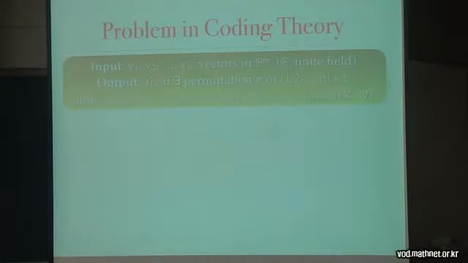So you want to find a linear ordering of your vectors so that wherever you cut, the span of the left-hand side intersected with the span of the right-hand side has dimension at most k. Can you find such a permutation?